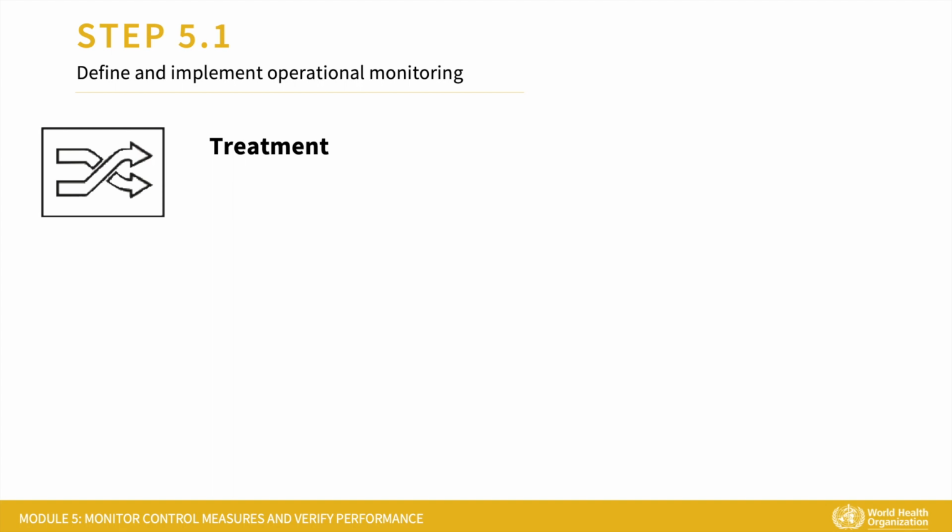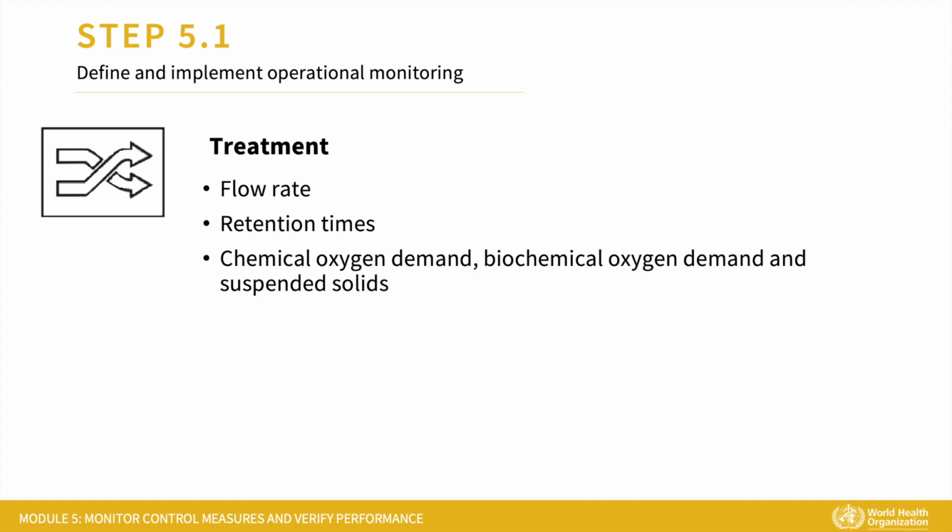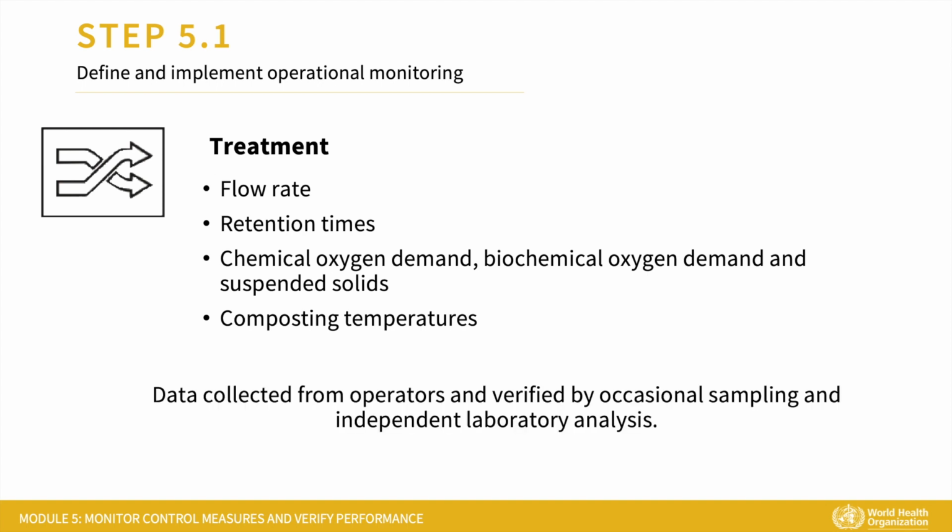At the treatment step, typical monitoring parameters are the flow rate, retention times, chemical oxygen demand, biochemical oxygen demand and suspended solids, or composting temperatures. Data on the effectiveness of sludge and sewage treatment may be collected from operators and verified by occasional sampling and independent laboratory analysis.